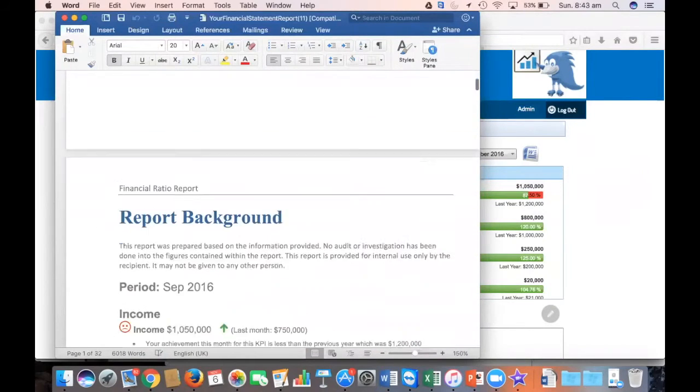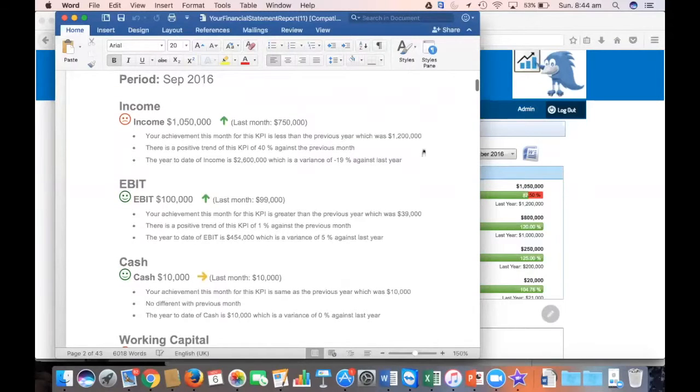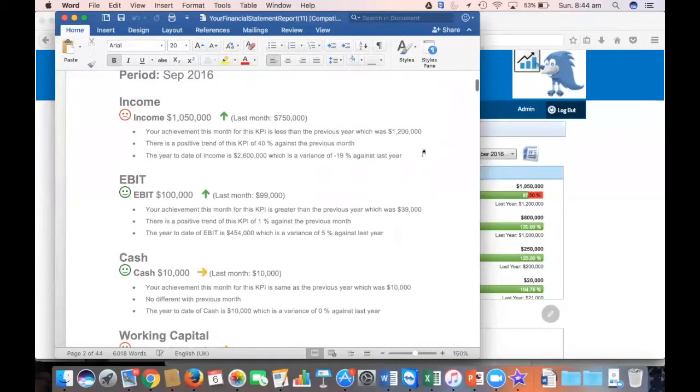So the first bit we will see is the key drivers: your revenue, your income, your EBIT, which is the profit you make from your revenue, and your cash position, and your working capital. Revenue and EBIT, we will get more into the cash.